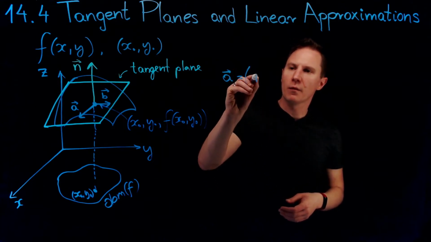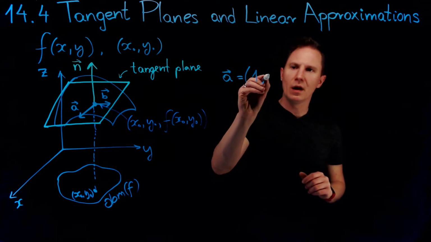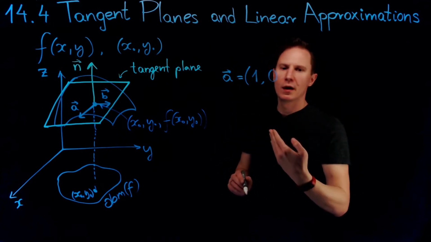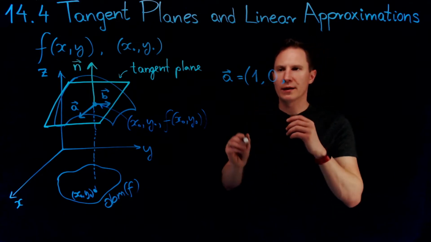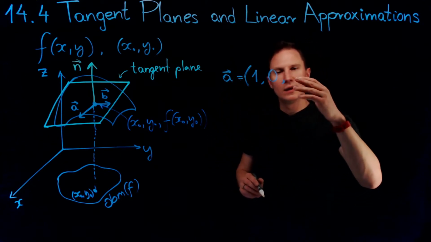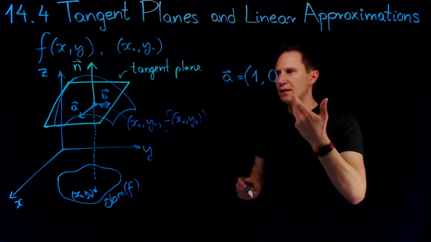So if we step one unit in the x direction, the y direction is being fixed, so in that direction we don't move with this vector. So that's why that component is 0. And what's the gain in the z component, in the height that we get?